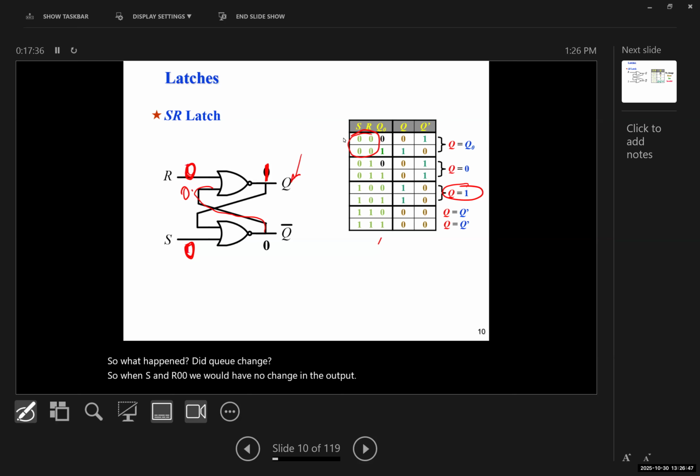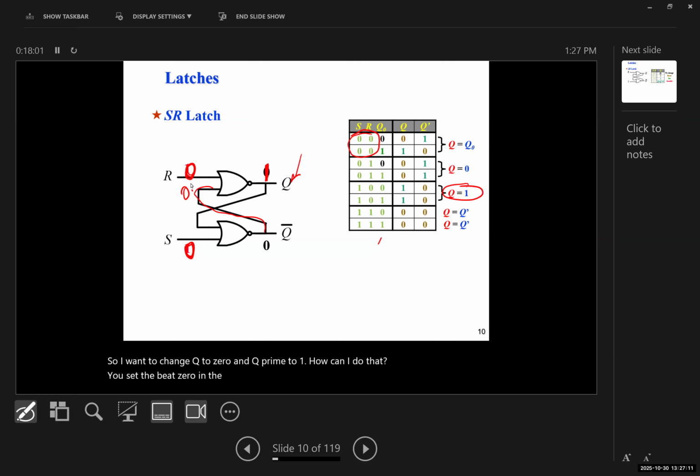Now, question is this. I want to change Q to 0 and Q prime to 1. How can I do that? Set would be 0 and the reset would be... Perfect.